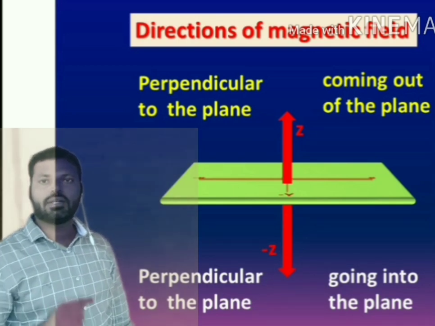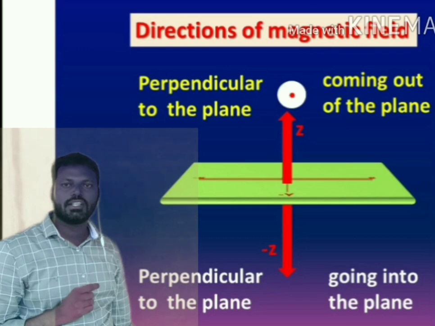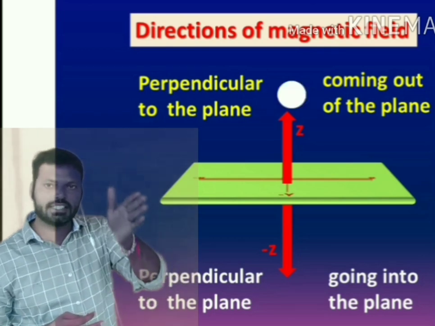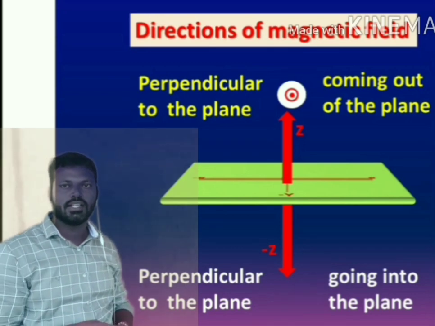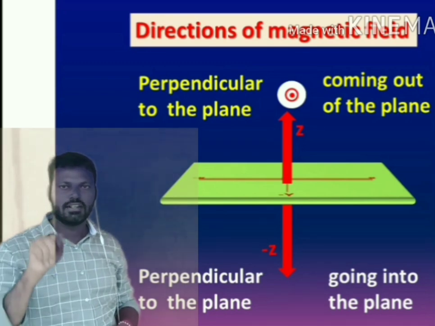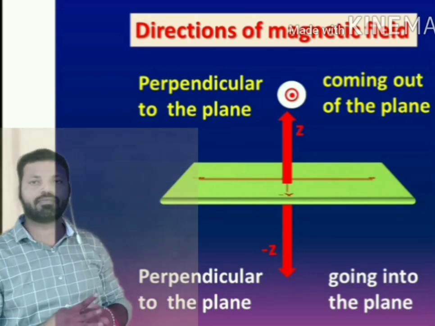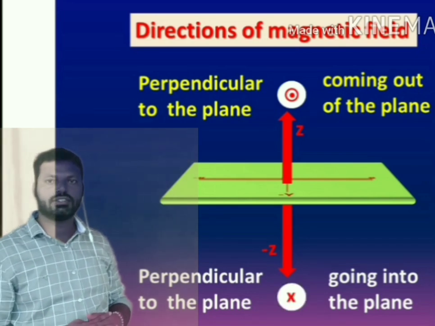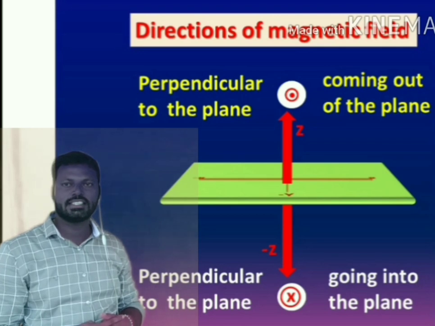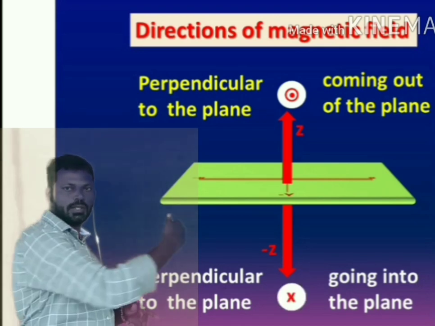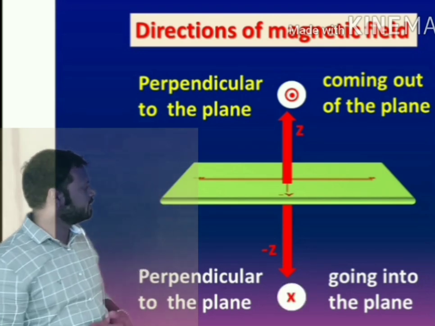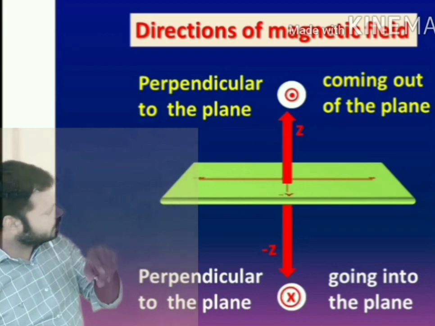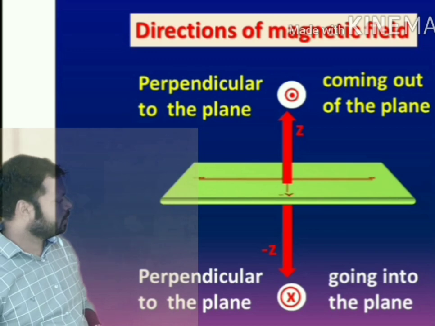Generally, the direction perpendicular to the plane and coming out of the plane is indicated with a dot mark, sometimes a dot inside a circle. And if the direction is perpendicular to the plane and into the plane, then that is indicated with a cross mark, sometimes a circle with a cross inside.